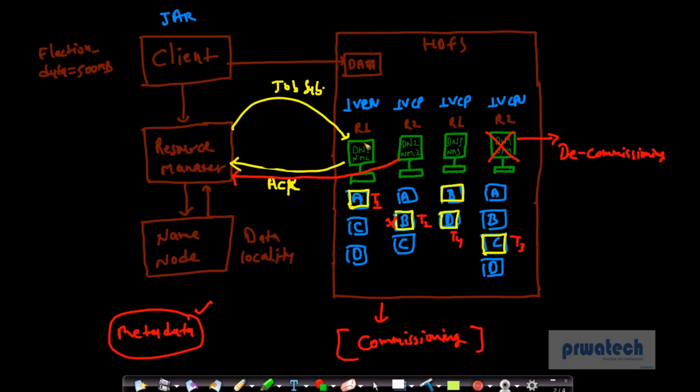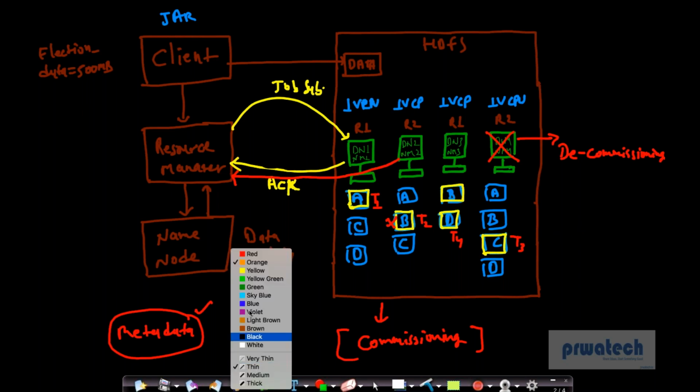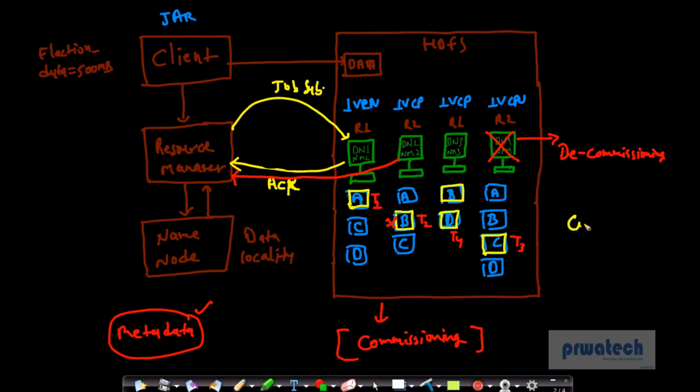Now I can say this is cost optimized using two different answers. They're using commodity hardware. What do we mean by commodity? Commodity in simple English is cheaper hardware, and enterprise hardware is costly hardware.